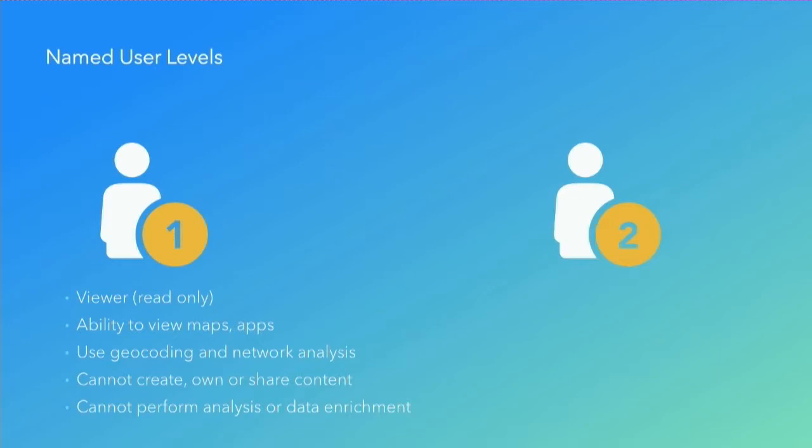Of course, sitting next to that was the current named user that we already have, which was now being branded as level 2. Level 2 is the full-fledged named user. The user that can create new content, new information products, and can consume those information products in different apps. You get access to things like Survey123, Collector, Operations Dashboard, and so forth. So level 1 was new at 10.5.